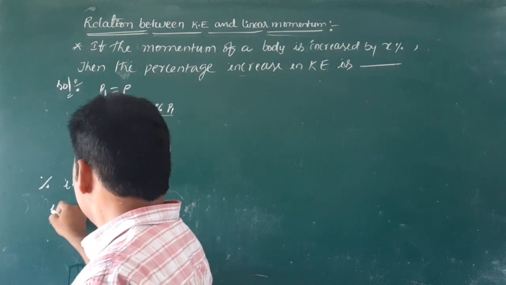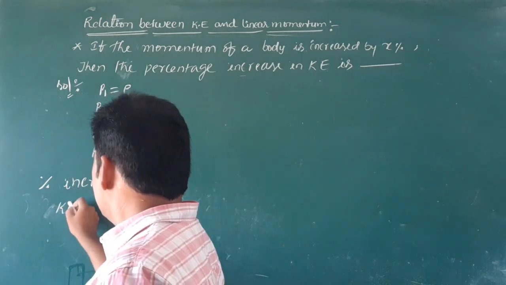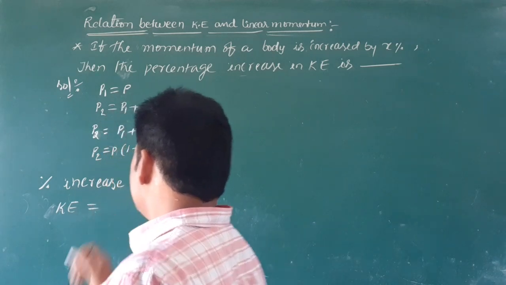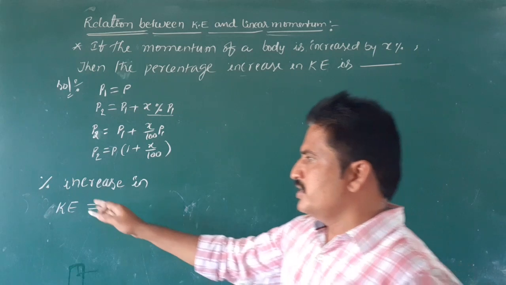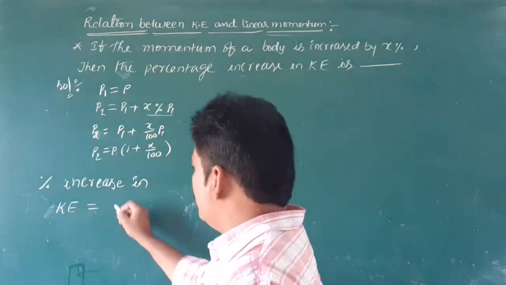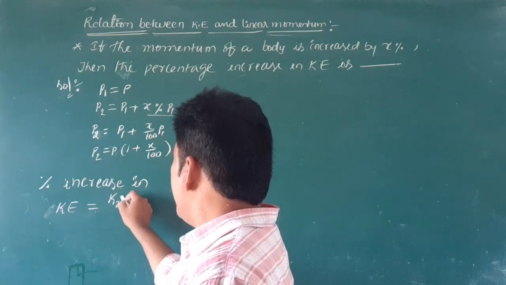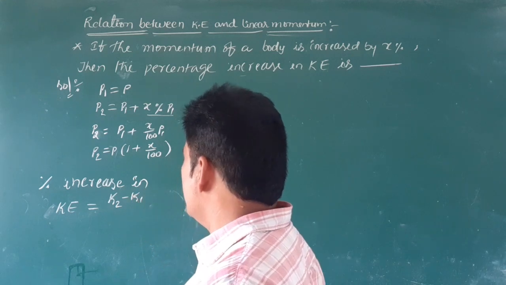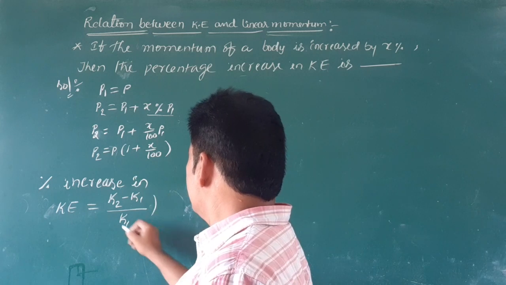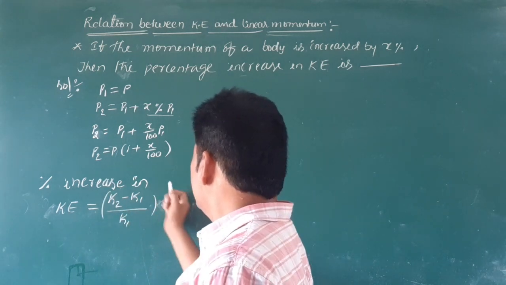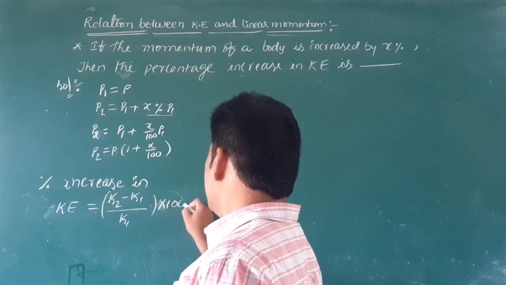Percentage increase in KE is equal to (final kinetic energy minus initial kinetic energy) by K1 into 100, students.